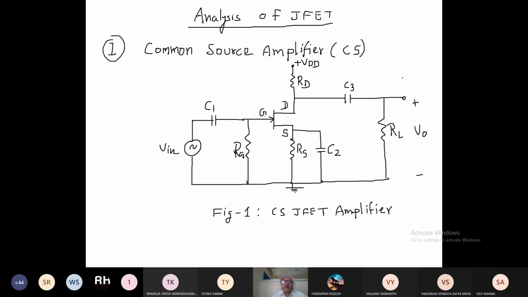So you can see here, across this drain and source we are taking the amplified output.